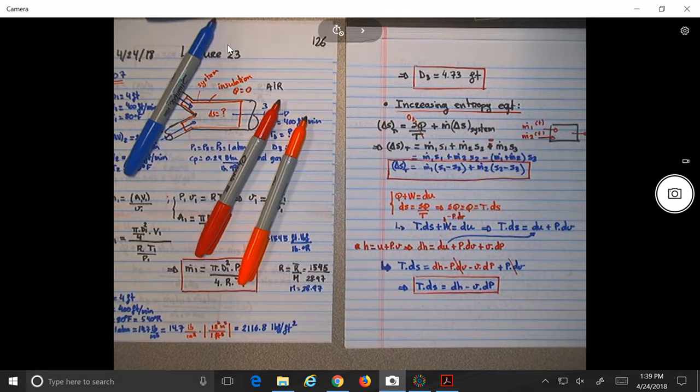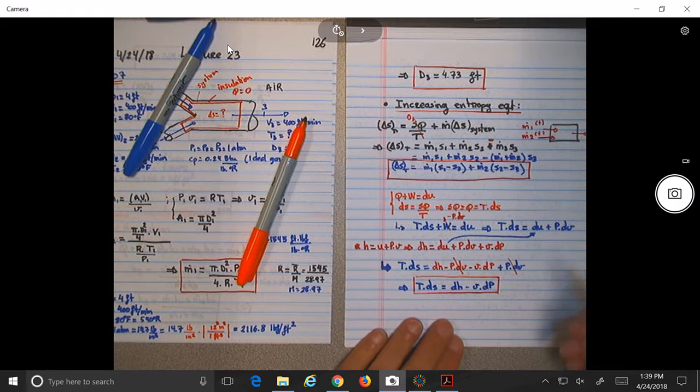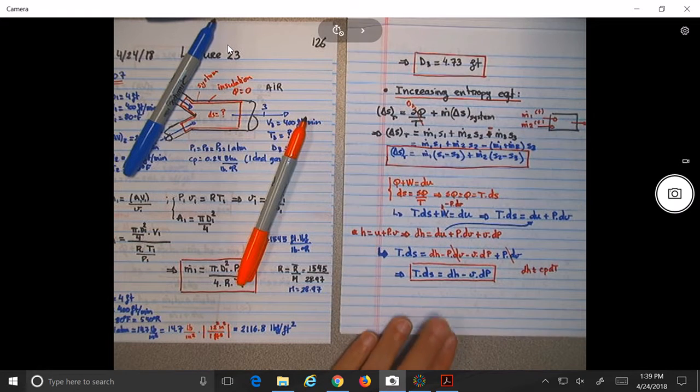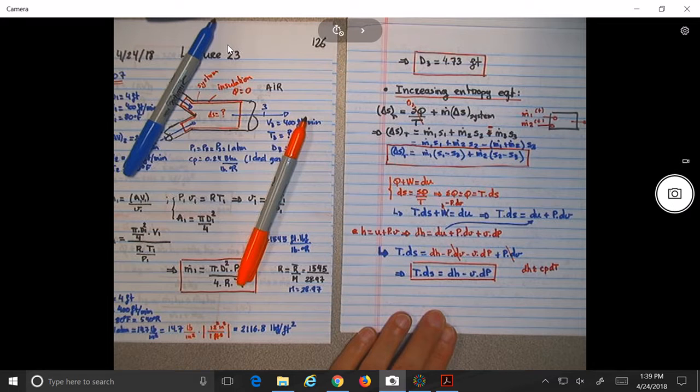Next, for an ideal substance, what do we know about dH? It's equal to Cp dT.